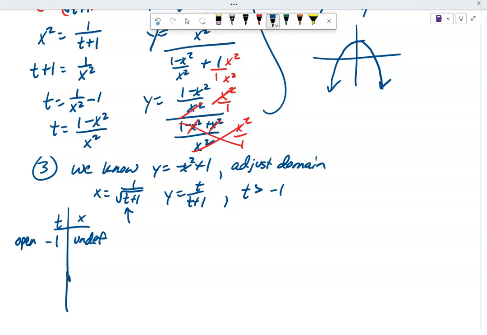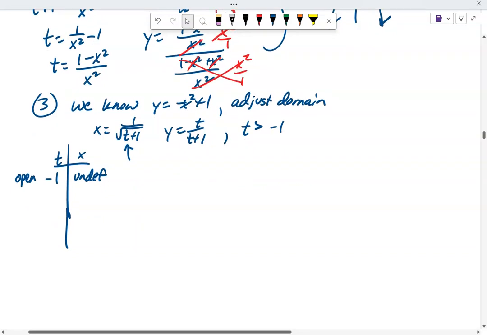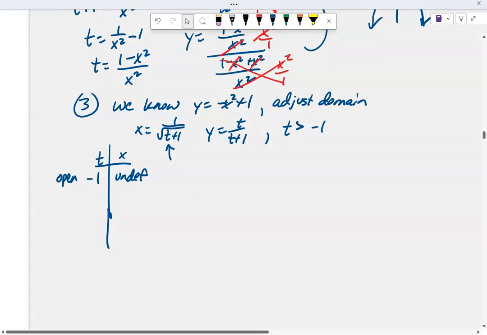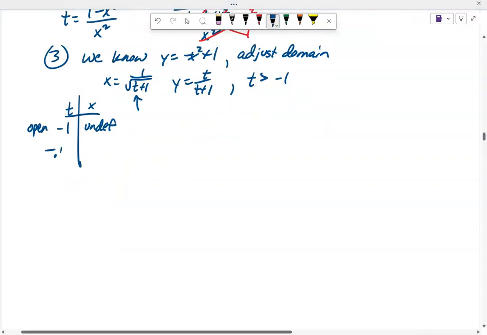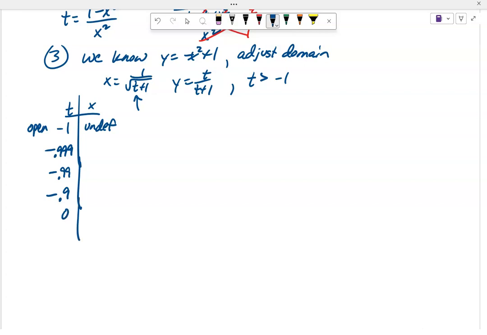And then, we could throw in values really close to -1, like -0.999. So we'll get right up to it real close. We throw in 0. I know that if we threw in 0, I'd have 1 over 1, right?